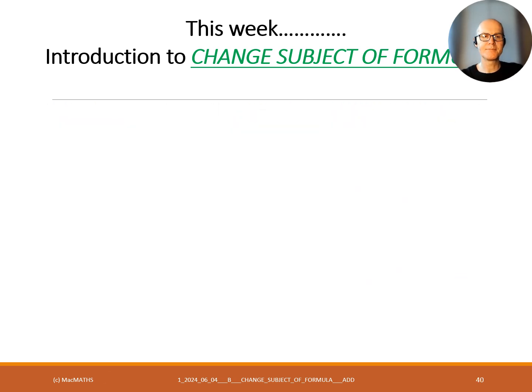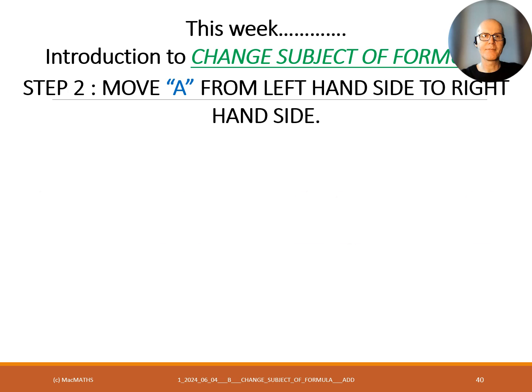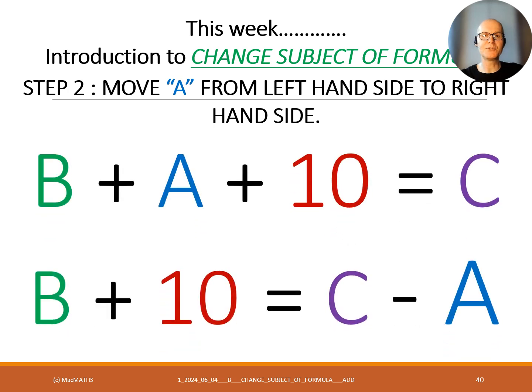First thing we're going to do is we're going to move the a. At the moment, we have b plus a plus 10 equals c. So we've moved the a from left-hand side to the right-hand side.